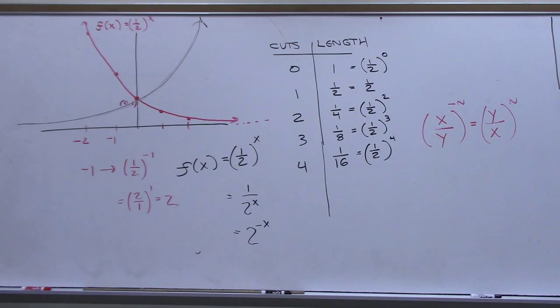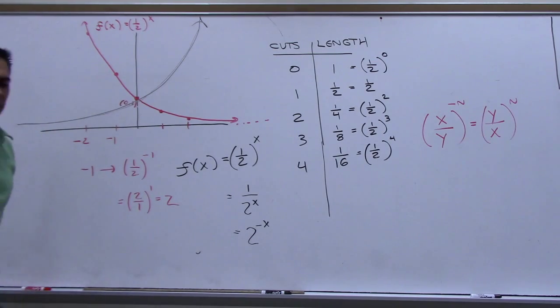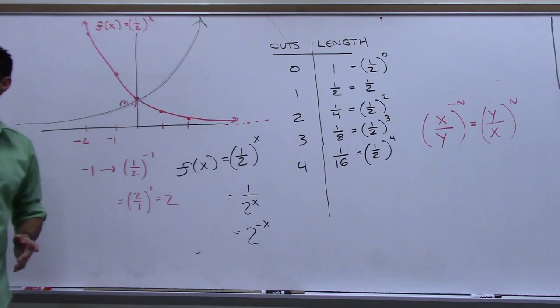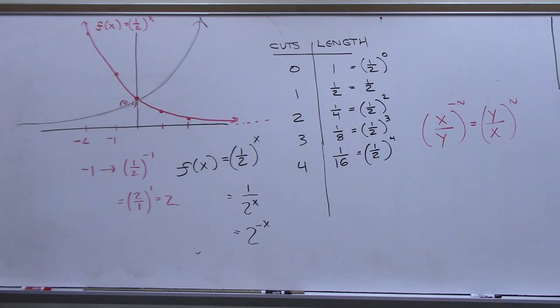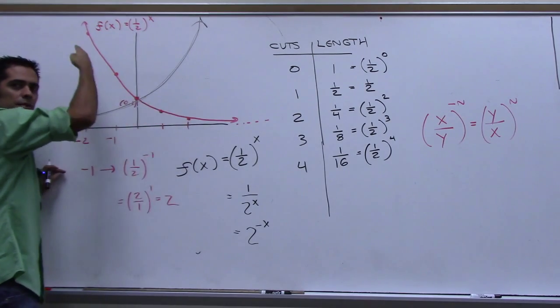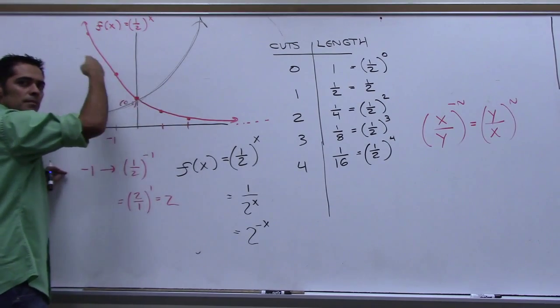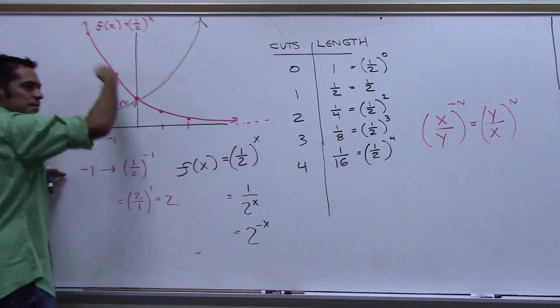All right? So you could have someone talking about exponential growth, or saying it's growing exponentially. This is exponential, but it's not growth, is it? We call this exponential decay.